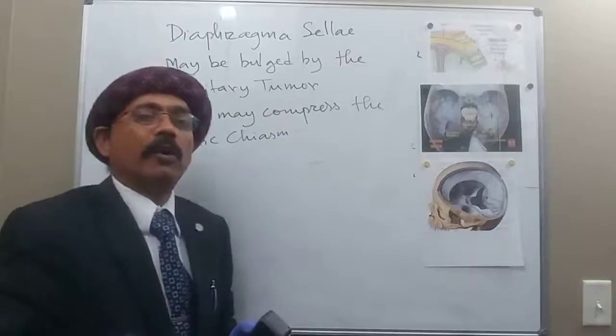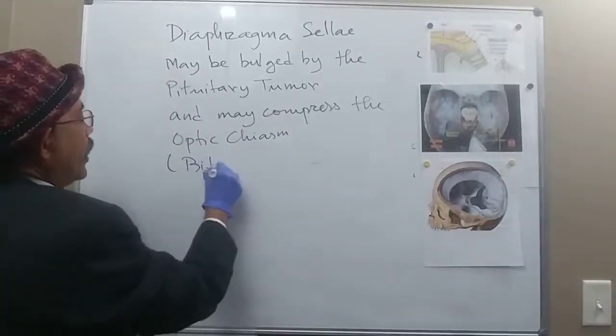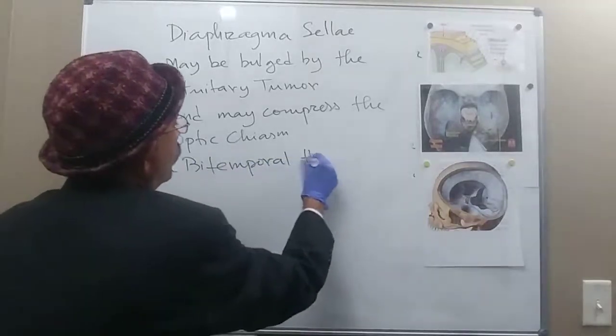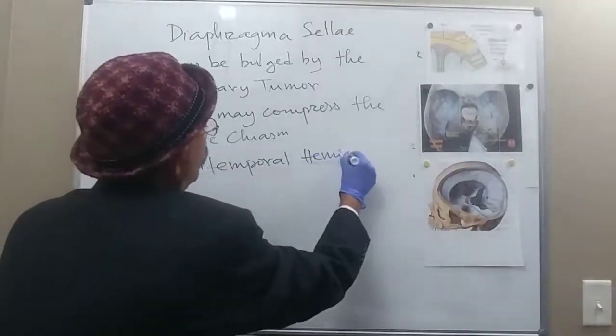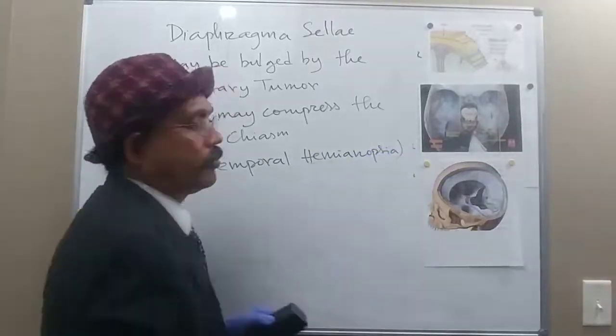If the optic chiasm is compressed, it may lead to bitemporal hemianopsia. So that is possible.